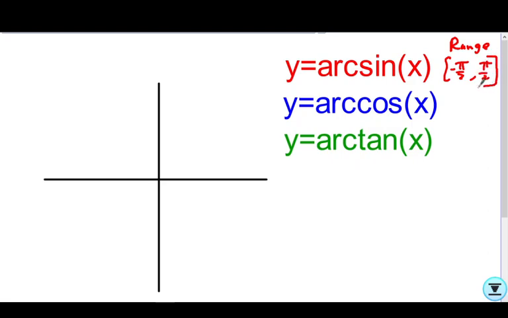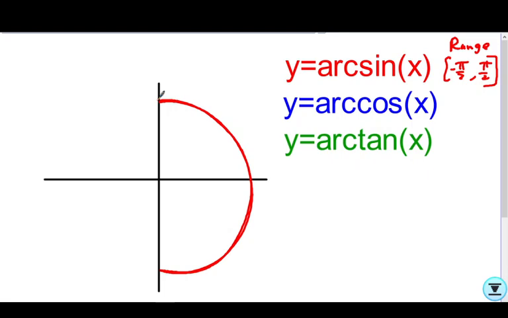So that basically means quadrant 1 and quadrant 2. So these two quadrants right here, that is where you're going to find arc sine.